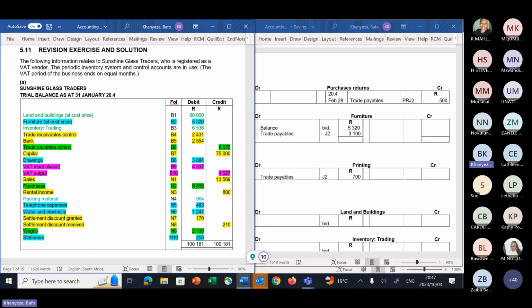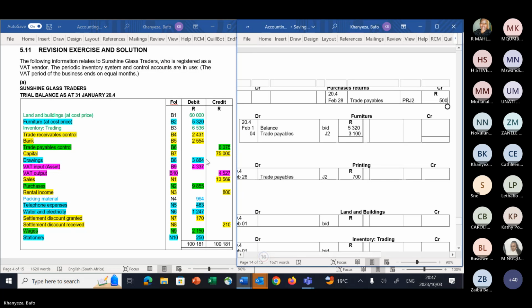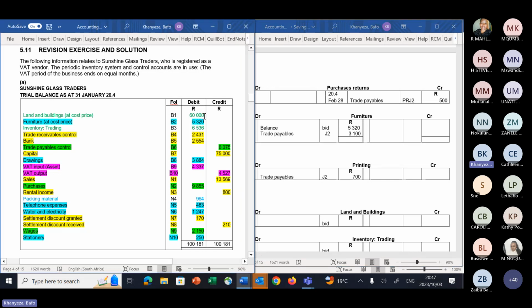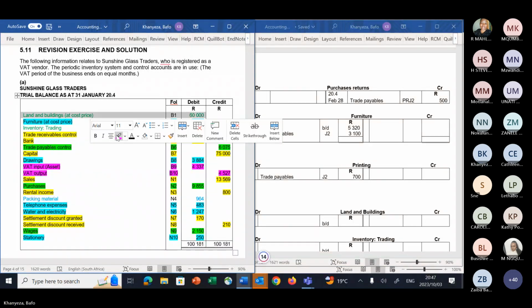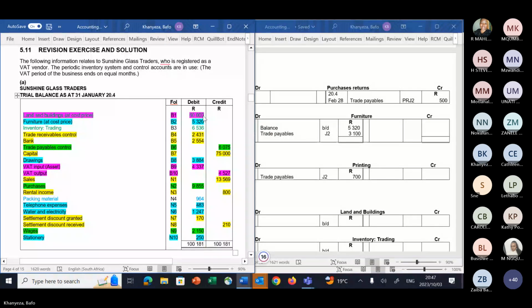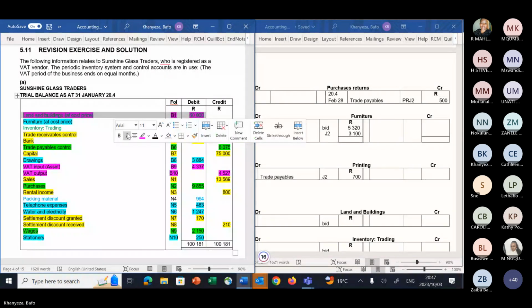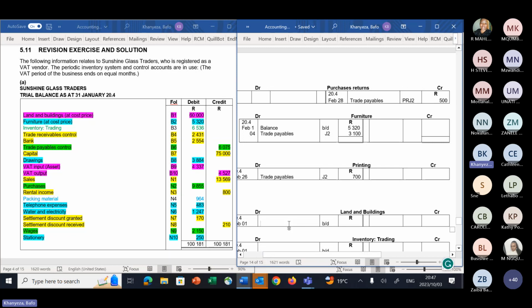There are those that didn't change, like land and building. It cost 60,000. So we bring those balances as they are. Nothing changed from them. $60,000, a balance just as it is.